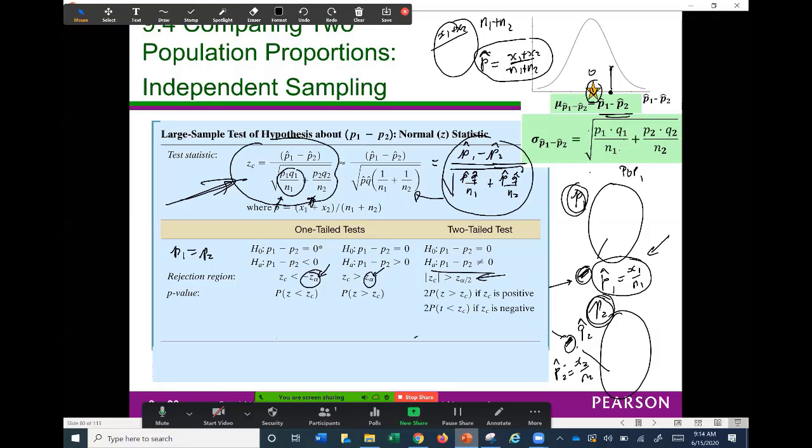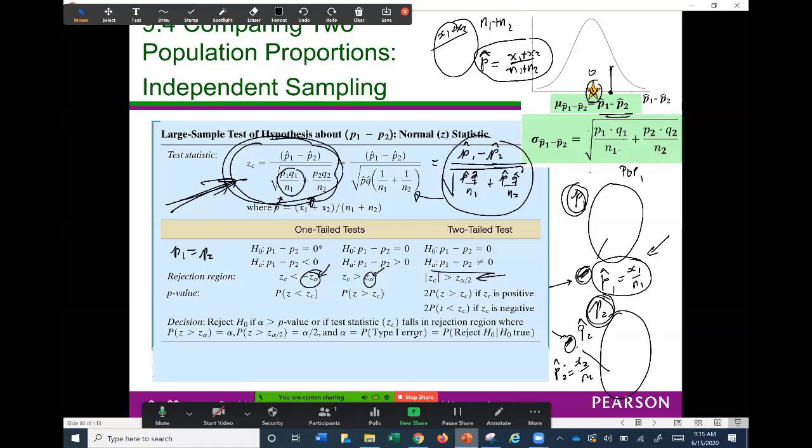The p-value is the probability of getting this evidence or one more extreme in the direction of the alternative. Then we compare this p-value directly with alpha. That is the procedure. If the p-value is smaller than alpha, we reject the null. If the p-value is greater than alpha, we fail to reject the null.